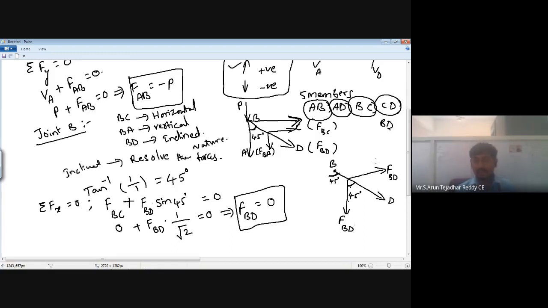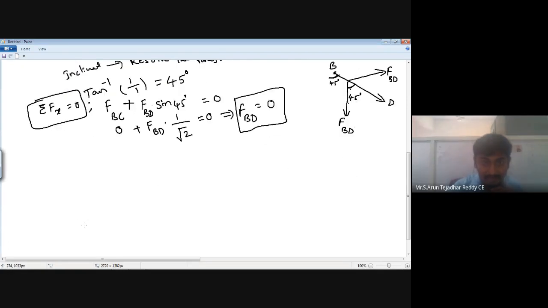So here BD is also completed. So totally 5 member forces have been calculated: AB, AD, BC, CD, BD. And here we have applied only sigma Fx is equal to 0.